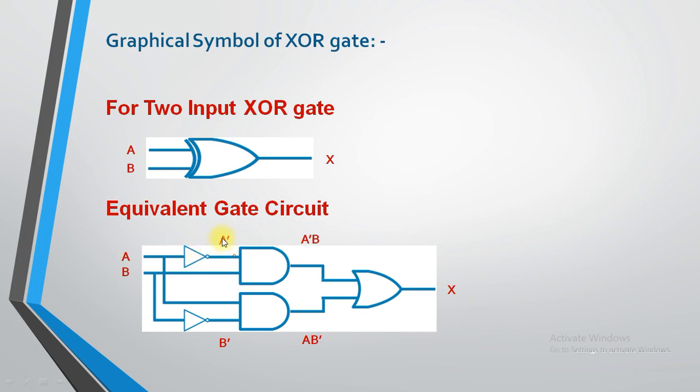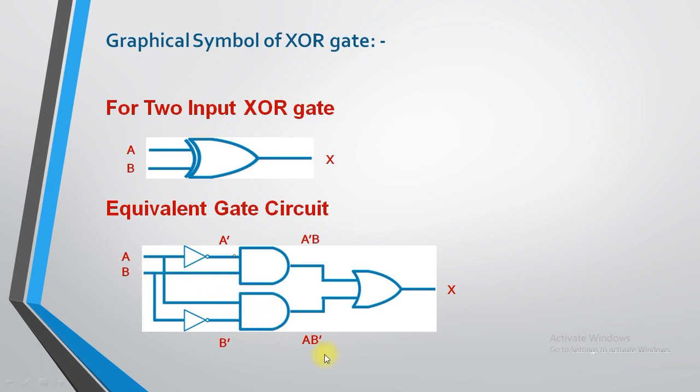So this value is converted into A dash, and the value of B goes directly into the AND gate. So over here the value is A dash B, and in the second gate I have the same variables. So for that I can directly use cables, and I can take that cable and use it as the input of another gate.